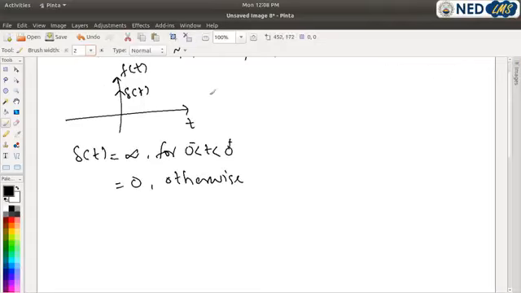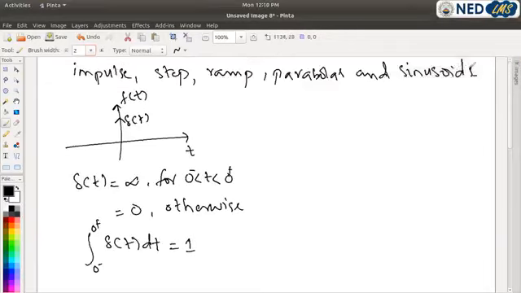The area under this impulse signal is 1, that is, the integral from 0 minus to 0 plus of delta of t dt equals 1. An approximation of this type of waveform is the application of a sudden spike or jerk of energy to the system.